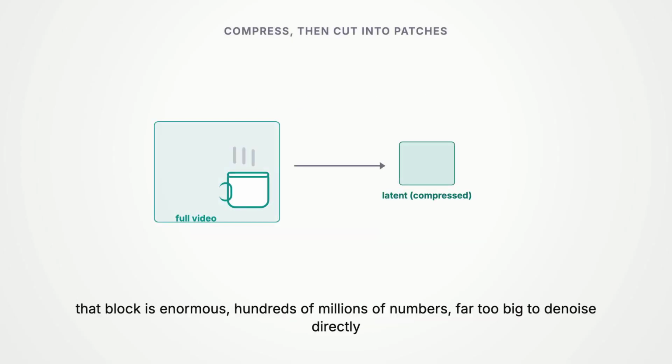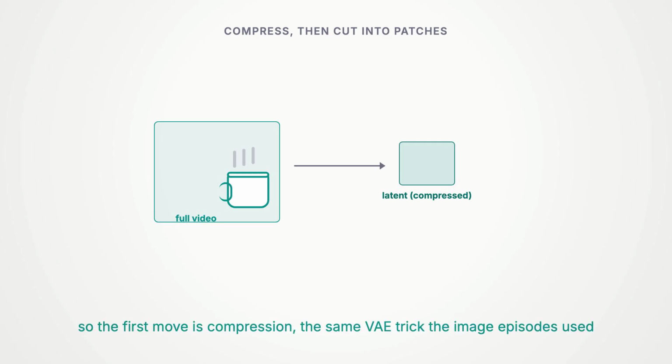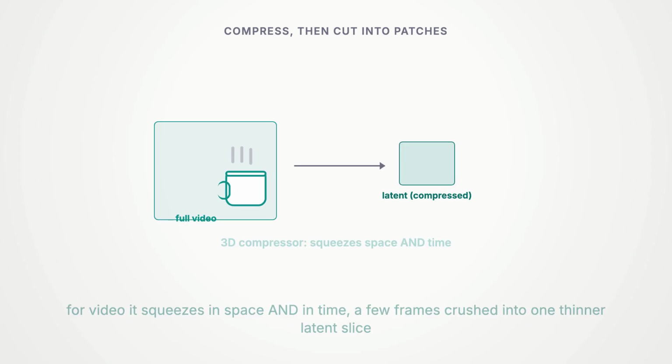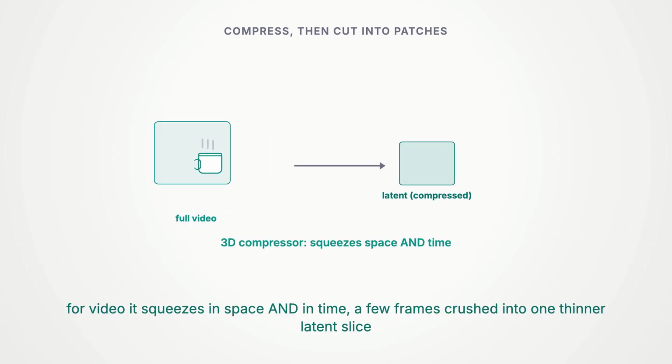But that block is enormous. A few seconds of video is hundreds of millions of numbers, far too big to denoise directly. So the first move is the same trick the image episodes used, compression with one upgrade. Remember the VAE from the GANs and VAEs episode, the quiet compressor that squeezes an image down to a tiny latent summary and back. That is exactly the tool here, just grown a third dimension, so people call it a 3D VAE.